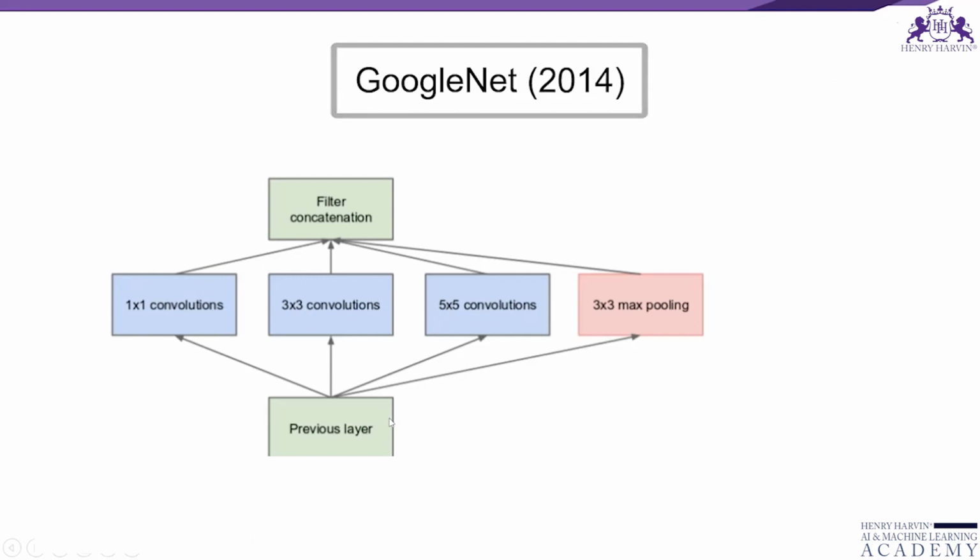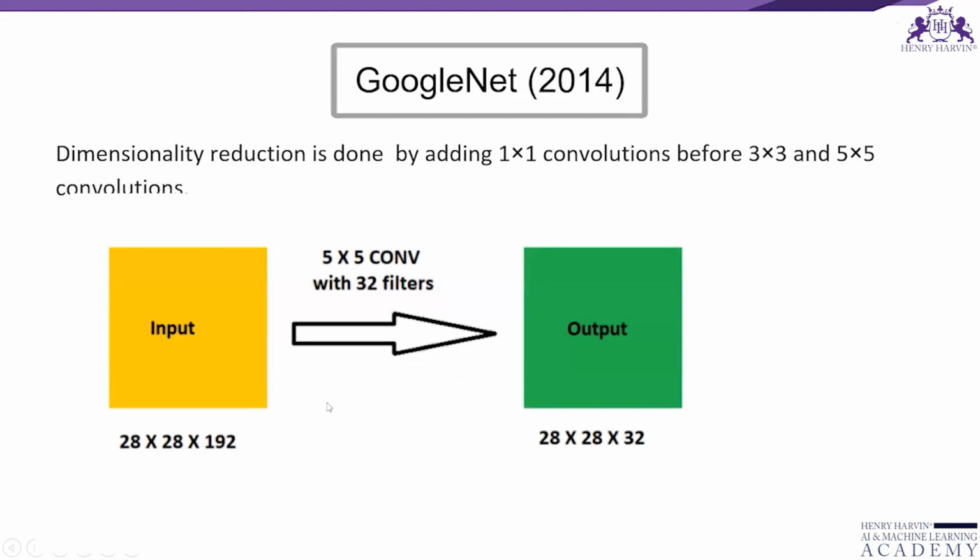Now let us try to understand how these affect the number of parameters in the neural network. Now look at this. You can see this 5 cross 5 convolution with 32 filters, right? This is the 5 cross 5 convolution in the naive way. We have an input of 28 cross 28 cross 192 and an output of 28 cross 28 cross 32. So if the computation is done for this convolution operation, what do we have over here?